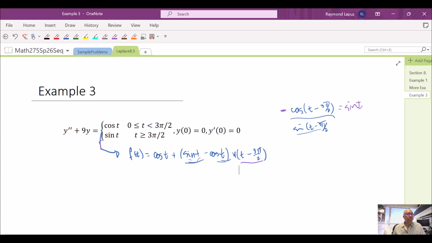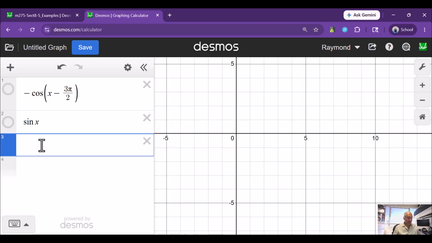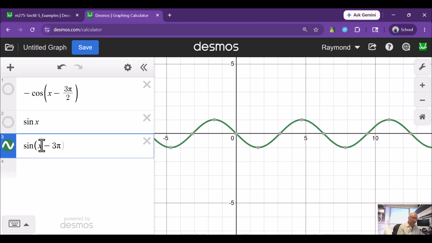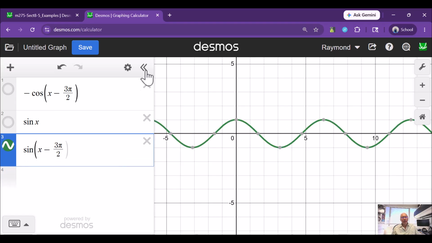All right. I'm hoping that the sine will look a lot like the cosine. So let's put these away and let's draw the sine of x minus 3 pi over 2. And it does look like a cosine, and it looks exactly like the cosine.